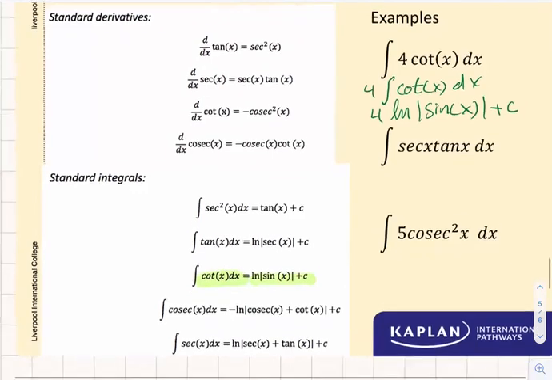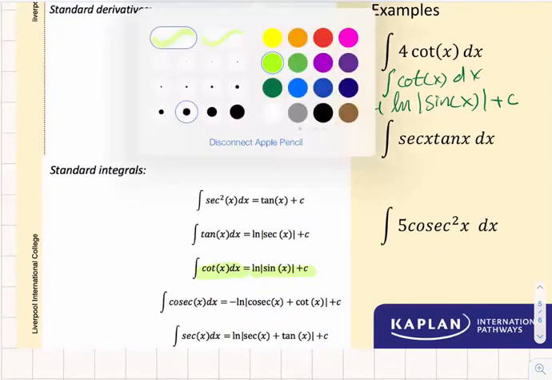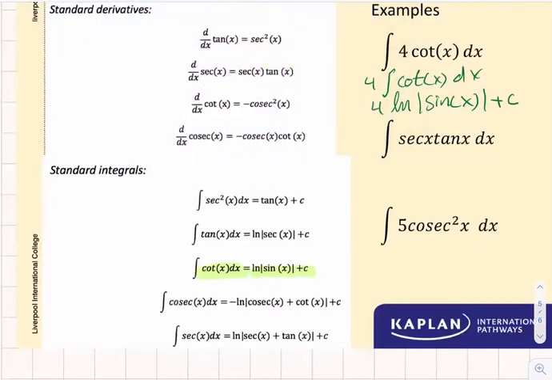The second one here, we have the integral of secant tan x dx. If we look in the integrals here, we don't have any secant tan. But if we look at the standard derivatives, we have secant tan here. The derivative of the secant is secant tan.